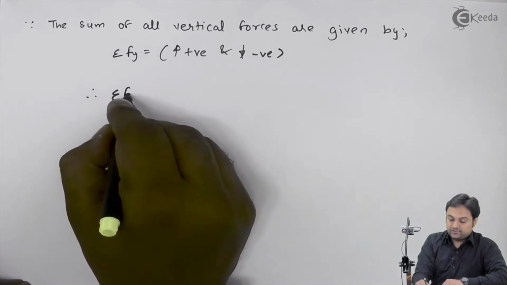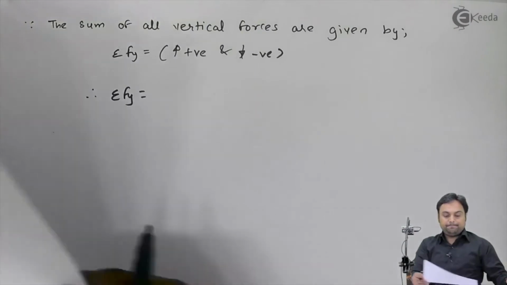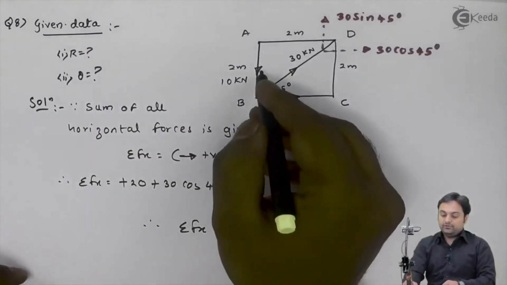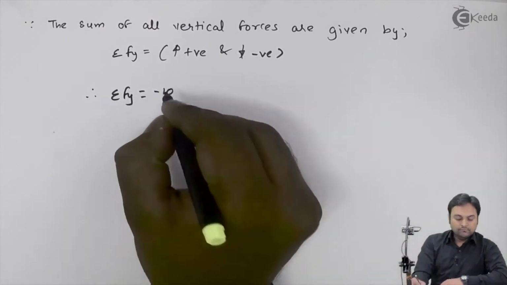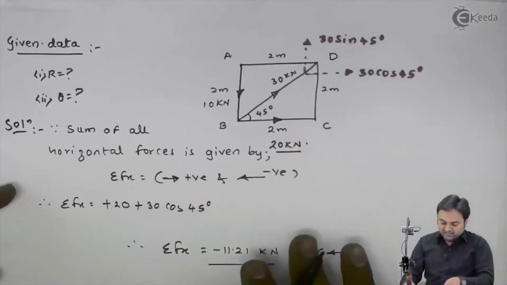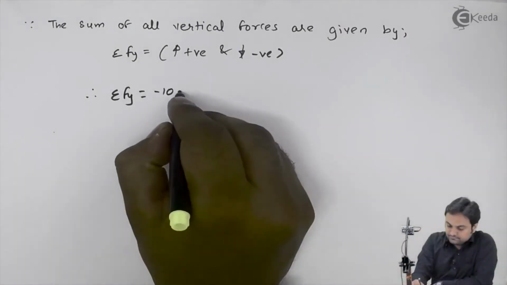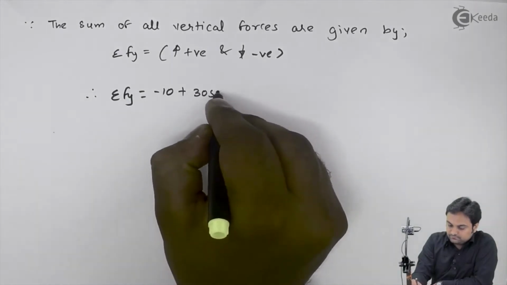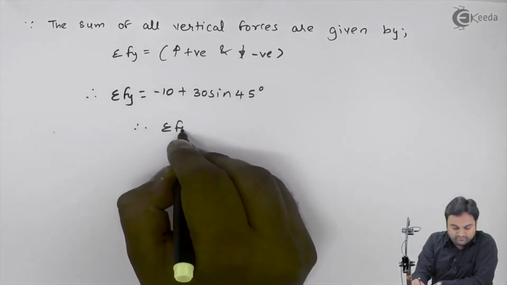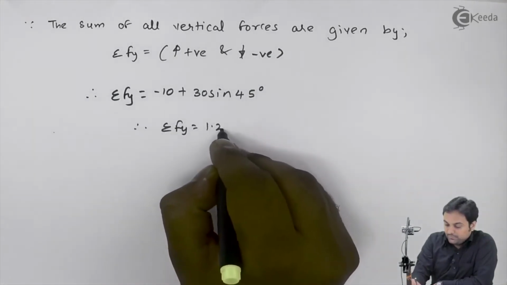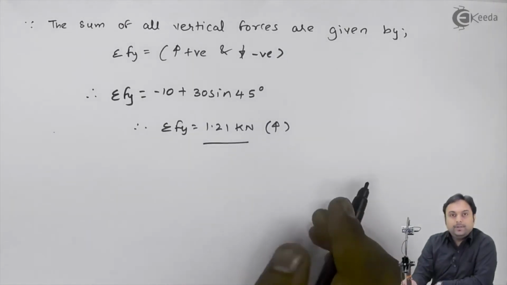Therefore summation of Fy will be equal to, if I look into this diagram, 10 kilonewton is downward, 30 sin 45 is upward, hence I will be getting my summation of Fy answer as 1.21 kilonewton. Since it is positive, therefore acting upward.